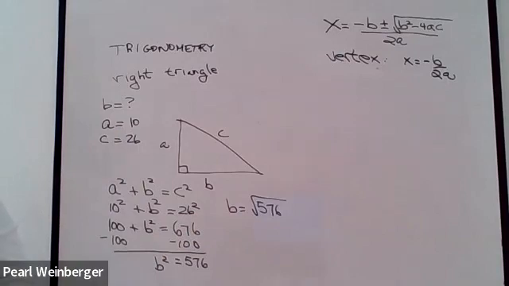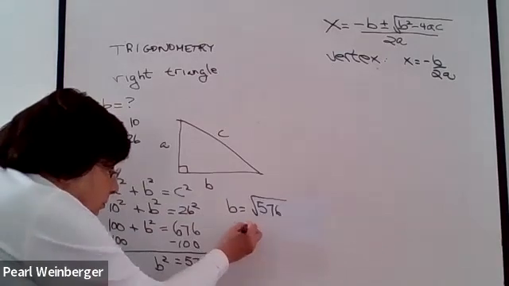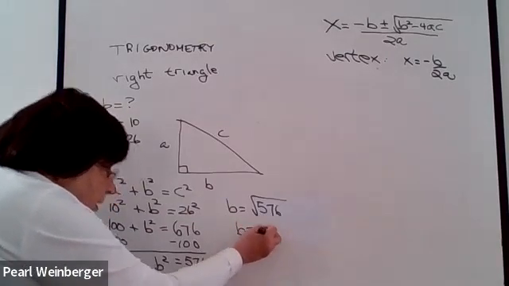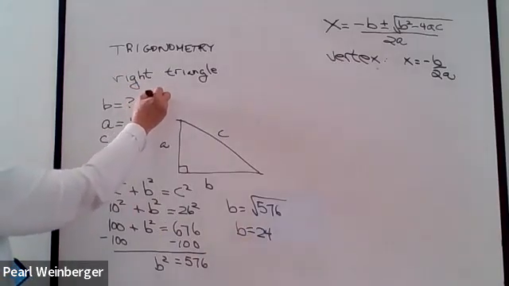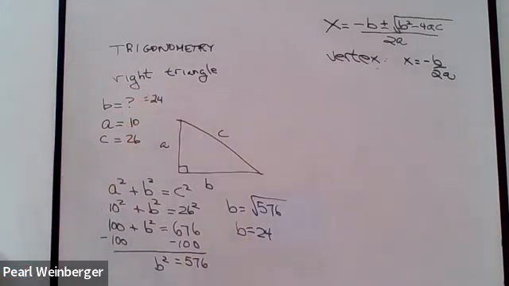It doesn't always come out to be a perfect square, but in this case it does: B is 24. This is what's called using the Pythagorean theorem. Look at how powerful this is. You only have to know two sides of the right triangle, and you can always figure out the third side.